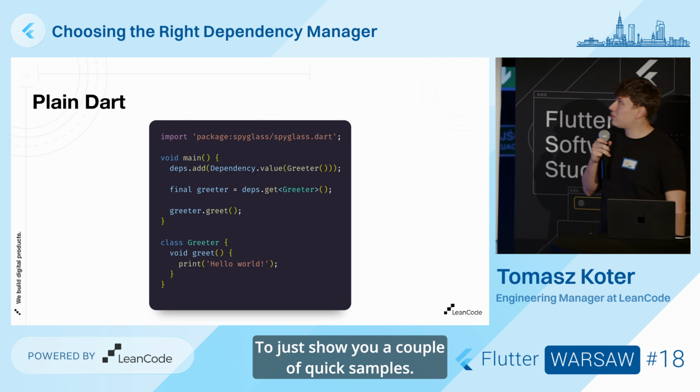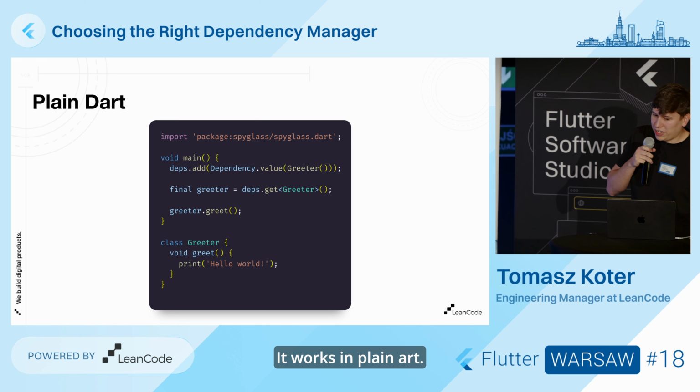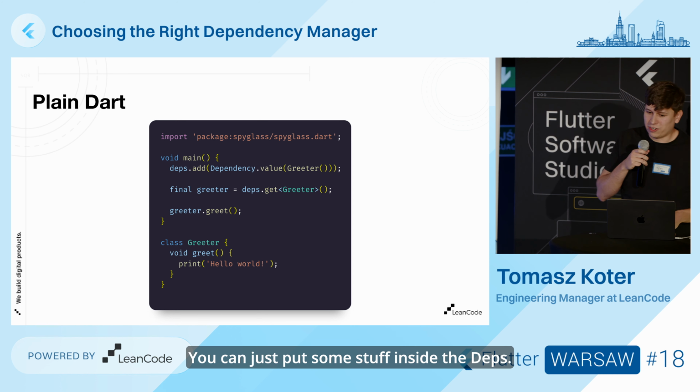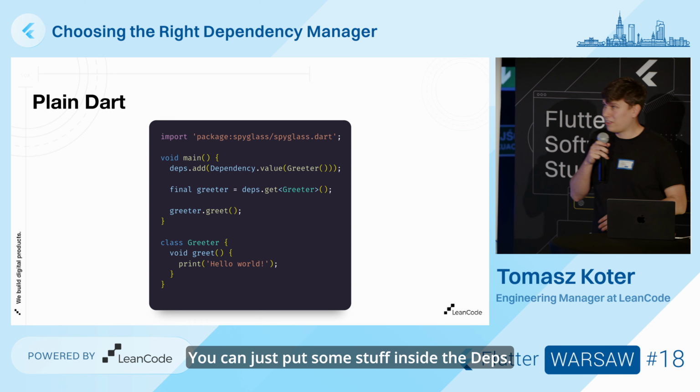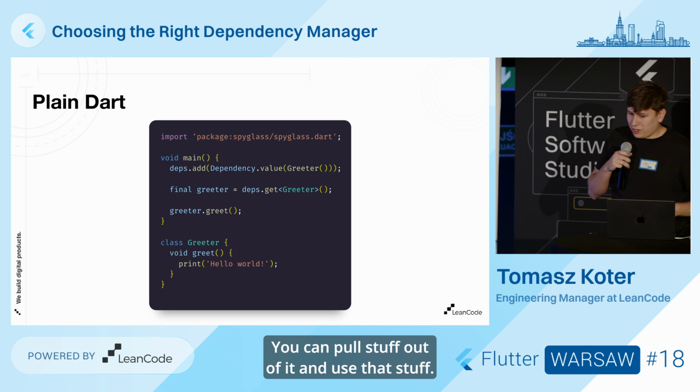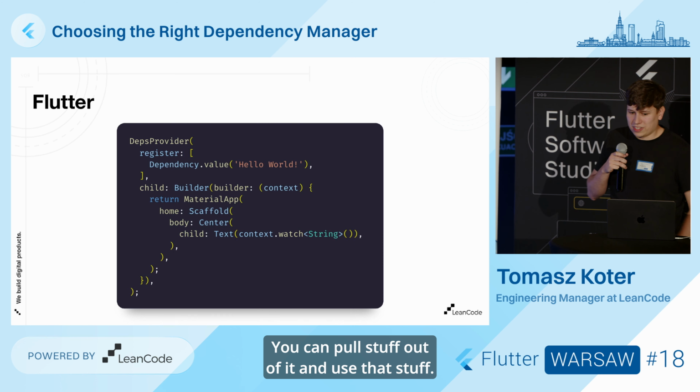To show you a couple of quick samples: it works in plain Dart. So there's the simplest possible hello world. You can just put stuff inside the deps. It's a global variable, but that represents the global scope here. You can pull stuff out of it and use that stuff.